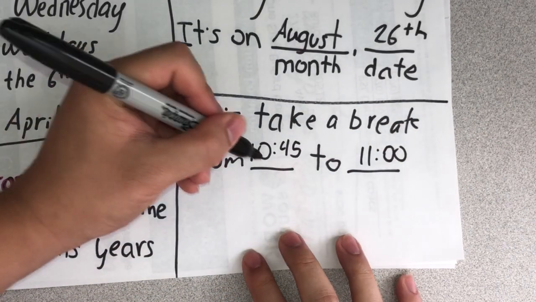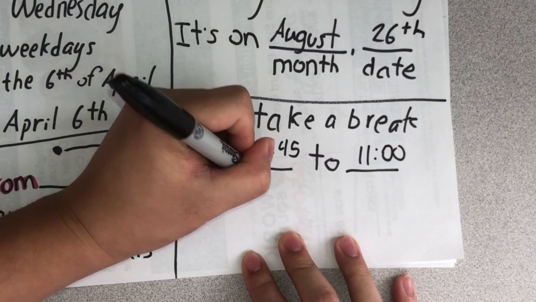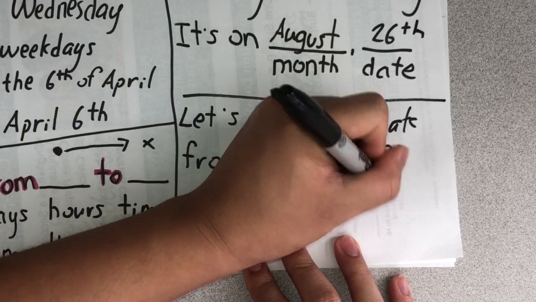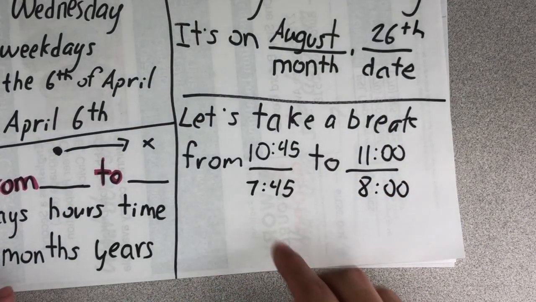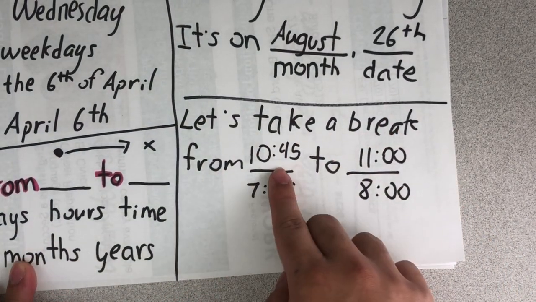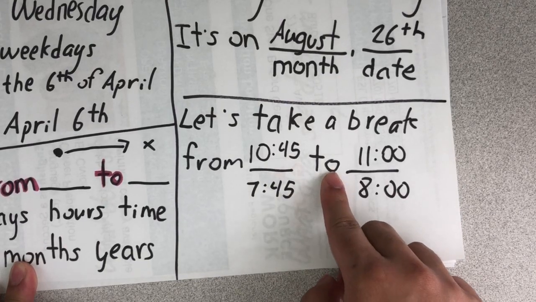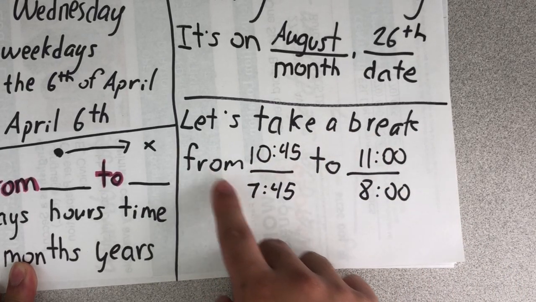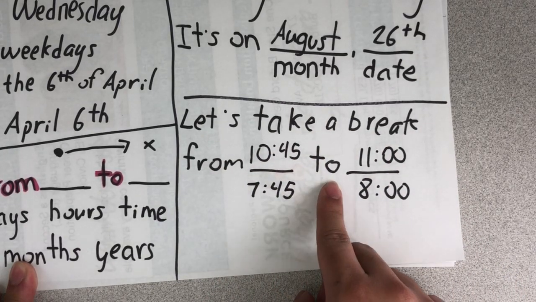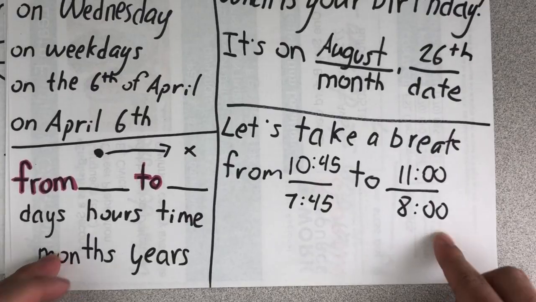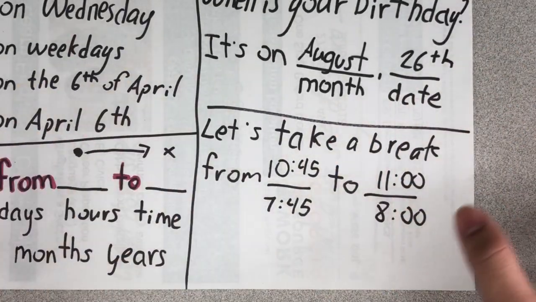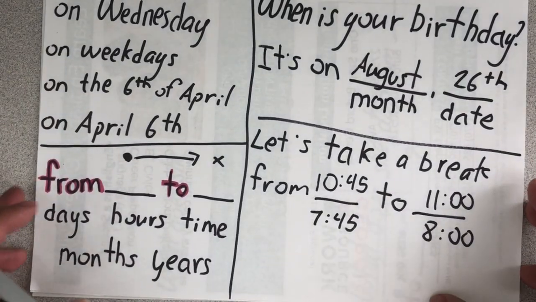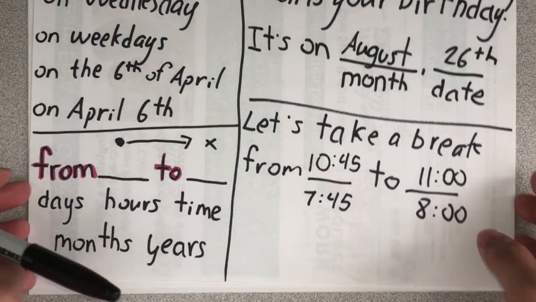Or if you're in my night class, let's take a break from 7:45 to 8. Let's take a break from 10:45 to 11. But because we have online school, you can take a break whenever you want. You can take a break right now. But I will keep going.